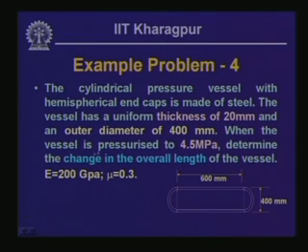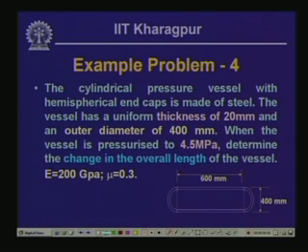Well, let us look into another problem, which is quite interesting. Here you see the kind of example I was trying to explain: a cylindrical pressure vessel, where the cylindrical part is 600 millimeter in length and is connected with hemispherical ends.